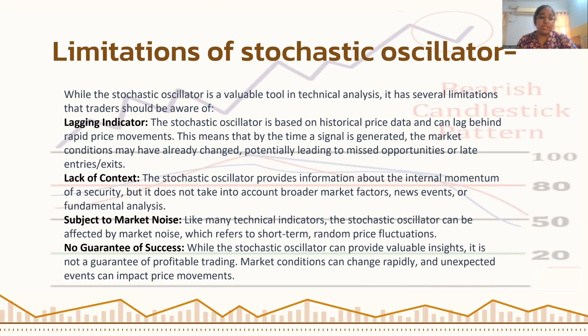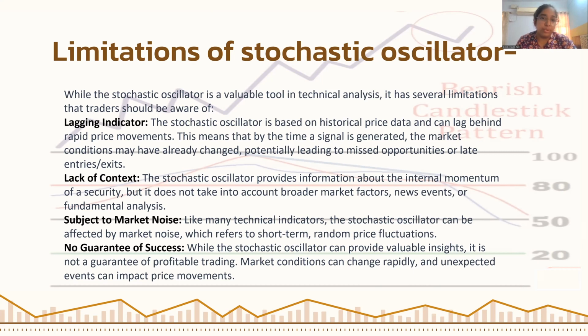The second limitation is lack of context. The stochastic oscillator provides information about the internal momentum of the prices or stock, but it does not take into account broader information such as market factors, news events, or fundamental analysis. The third limitation is that it is subject to market noise. Like many other technical indicators, the stochastic oscillator can also be affected by market noise, which refers to short-term or random price fluctuations.